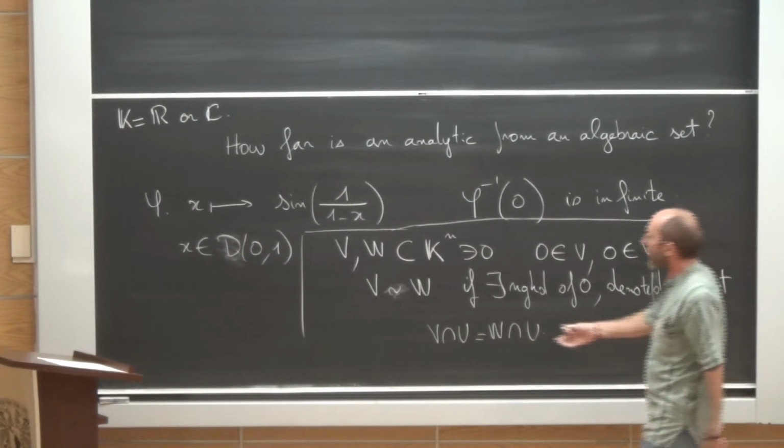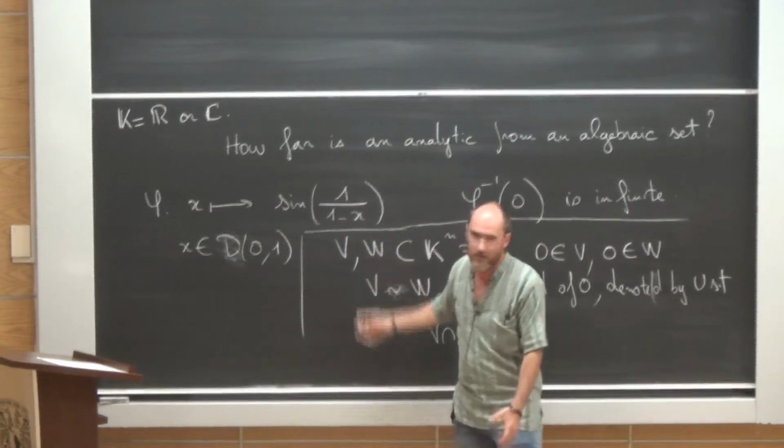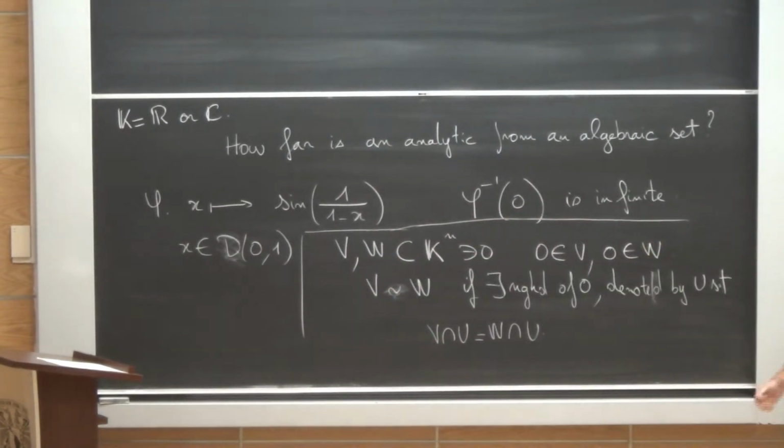And if I consider analytic sets or algebraic sets, I will speak about germs of analytic or algebraic sets. And I can define germs of functions in the same way.